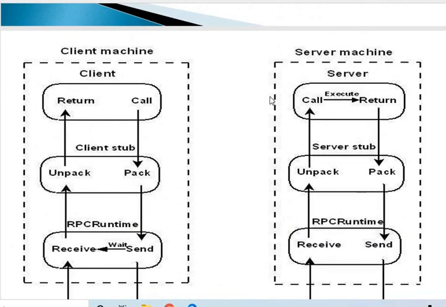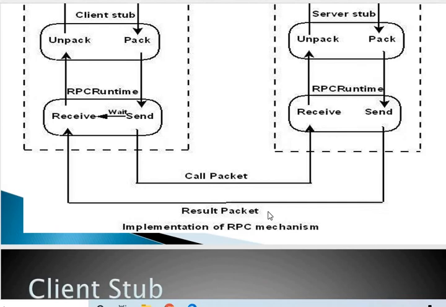On receiving the call request message from the local RPC runtime, the server stub unpacks it and makes a perfectly normal call to invoke the appropriate procedure in the server.